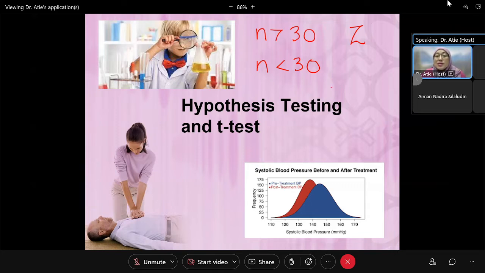So at least you know that this chapter is for small samples, n less than 30. Our objective in this chapter is to learn how we can perform hypothesis testing, what the t-test is, and when we need to use it.